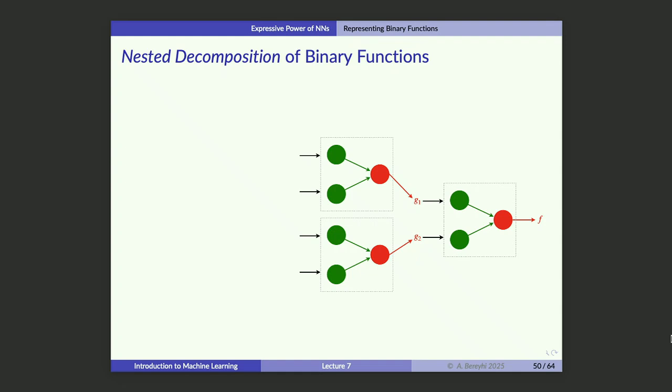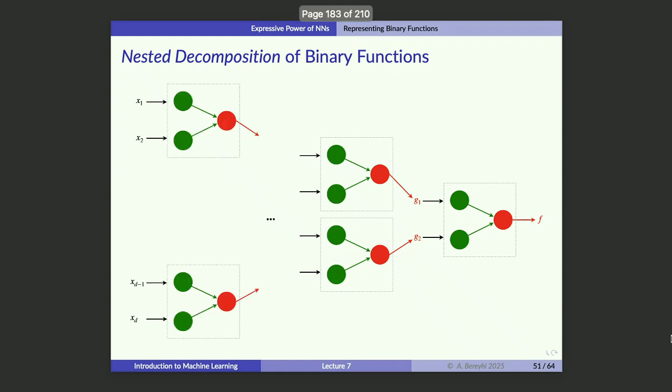For G1, 2 different inputs. For G2, 2 different other inputs. And then each of them, I can realize again with 3 neurons, right? Same architecture, correct? And I keep on going backwards till I get exactly to all the inputs, right? Everybody's clear?